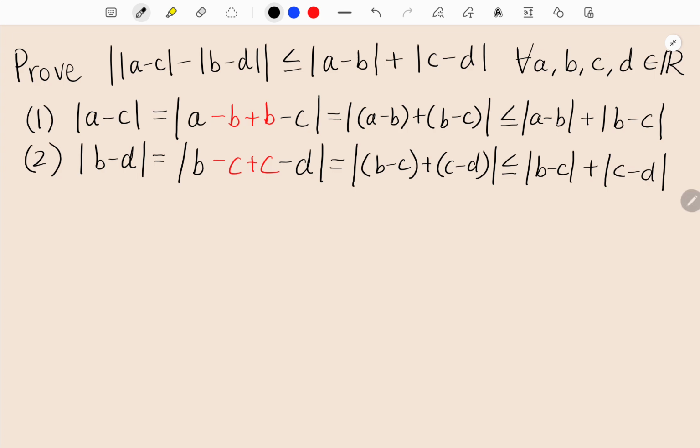Well, why is this useful? Using equation 1 and equation 2, let us quote-unquote subtract equation 2 from equation 1.